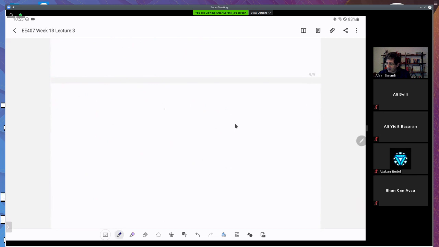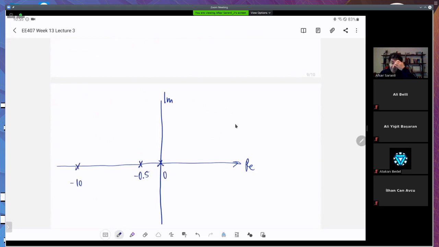Okay, so here's our real and imaginary axes, our constant poles at minus 0.5, 0 and minus 10. Now what I have here is a zero at minus 2. Okay, new zero.